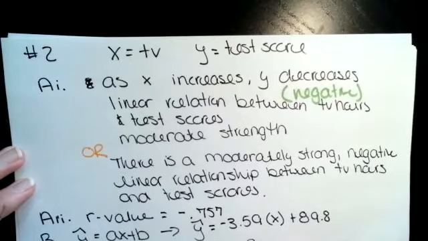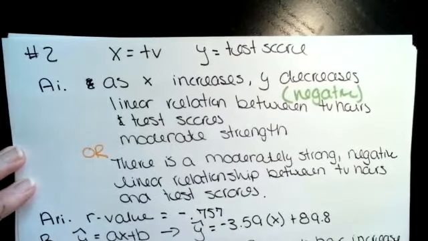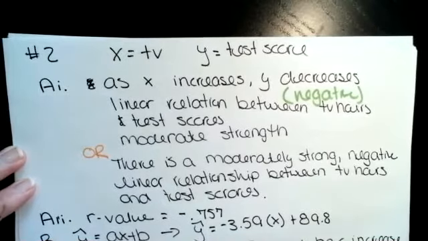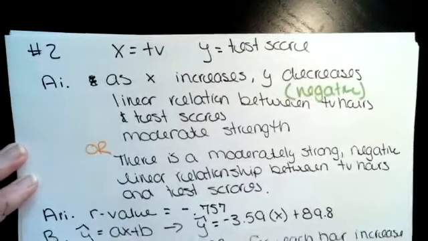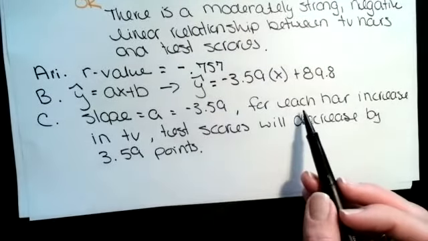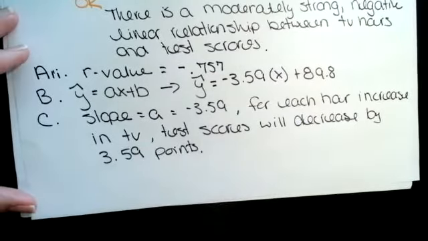That means for each hour increase in TV, test scores will decrease by 3.59, and I believe it's like points. I'll say, just put some units on it. Okay. So it's always for each unit increase in X, my Y is going to increase or decrease by the slope amount. Okay, so that's what we're looking for.